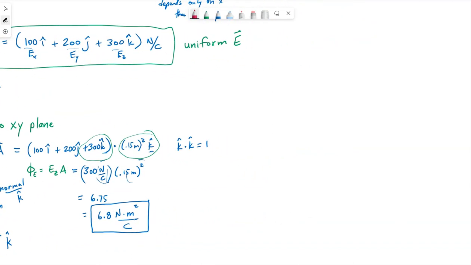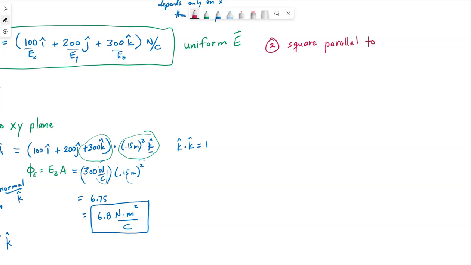So the second situation, let's have our square parallel to the xz plane. So I'll make an attempt of kind of drawing three-dimensionally. X, Y, Z. Our square is now down in this plane. So ultimately, it still has dimensions of 0.15 meters on a side.